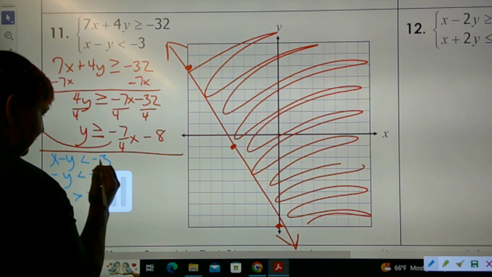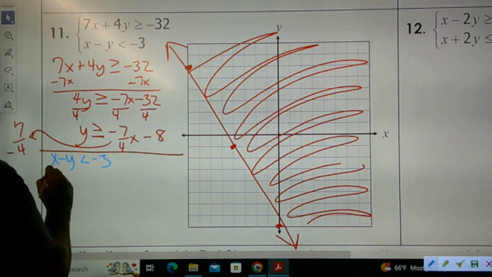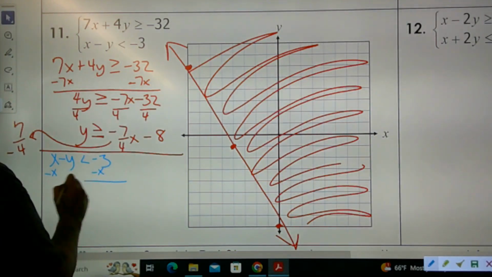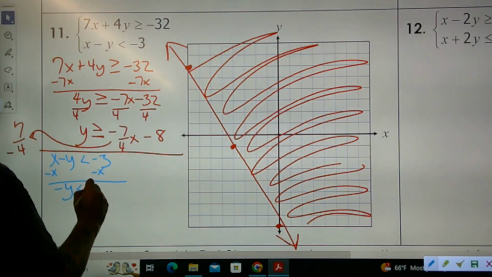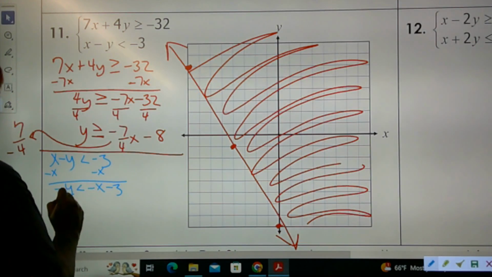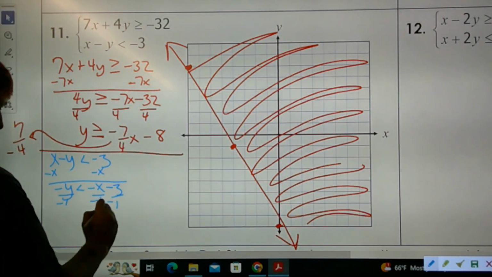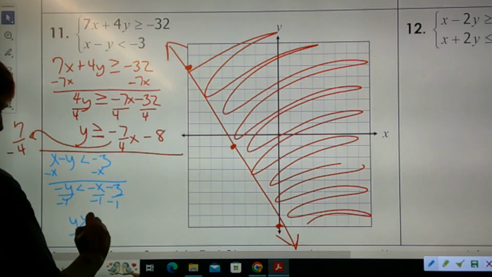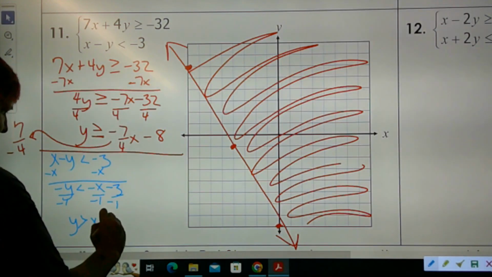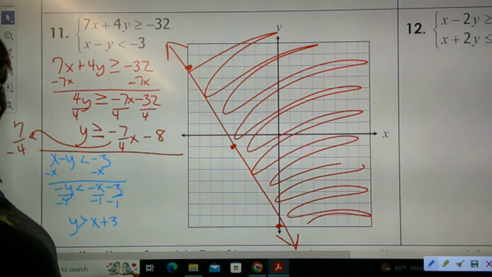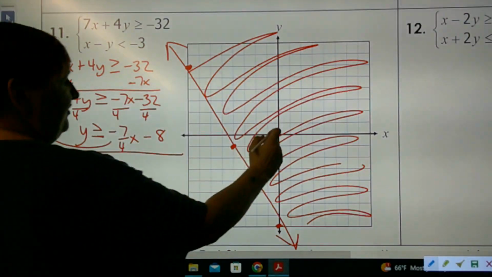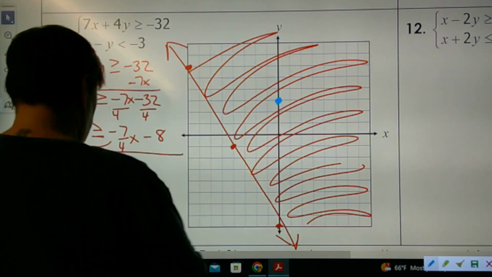So what did I do in my head? I did subtract x from both sides in my head. I did divide everything by negative 1 in my head. 1, 2, 3. And then 1 over 1.